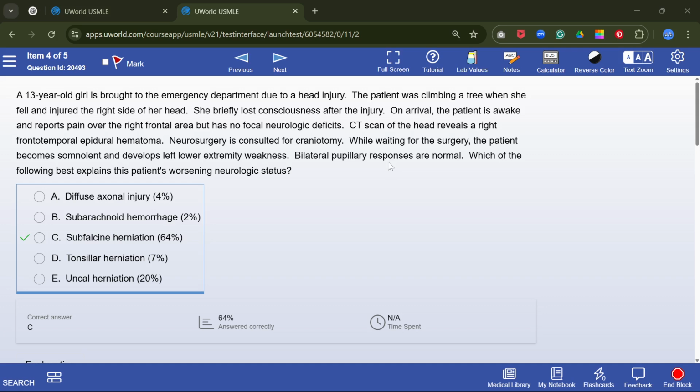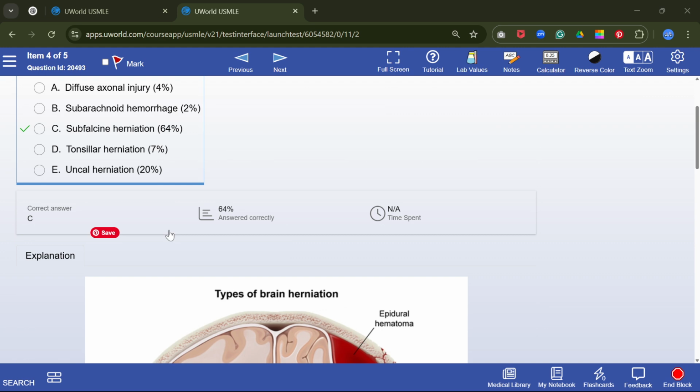Like in uncal herniation, the third nerve, the oculomotor nerve, may be compressed, but here there is no eye involvement. Which of the following best explains this patient's worsening neurological status? It looks like subfalcine herniation. It is not subarachnoid hemorrhage. It is not tonsillar. In uncal herniation there is third nerve palsy, compression of the third nerve.